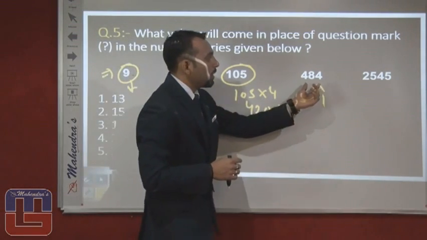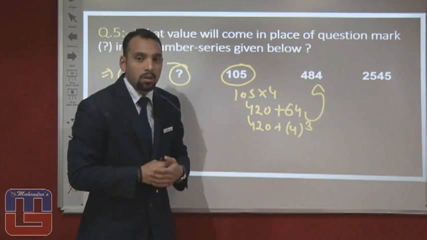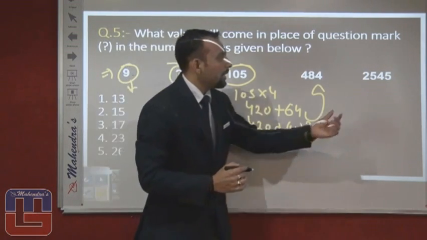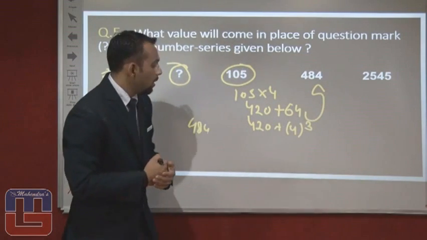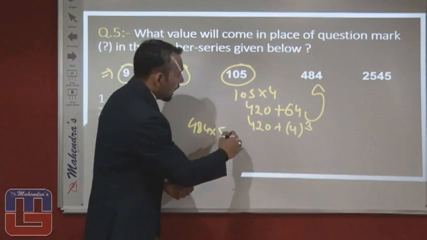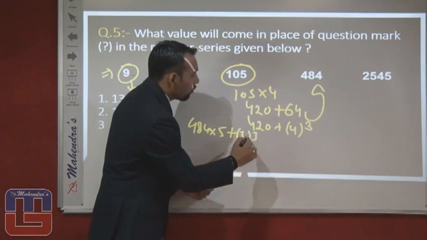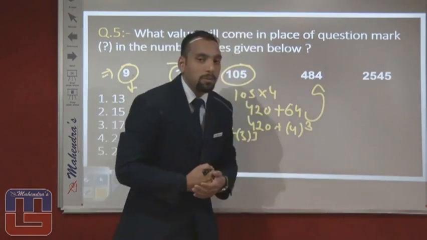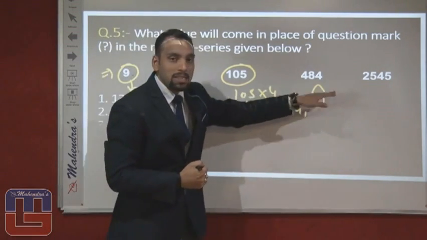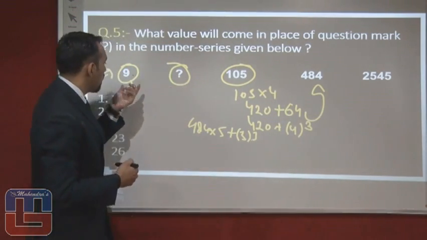Similarly, the next one will be 484, and there is 2545. So if you multiply by 5 and then add 5 cube, that will be equal to 2545. So the logic is, this is 4, this is 5, the same logic here is 3, and the logic here is 2.